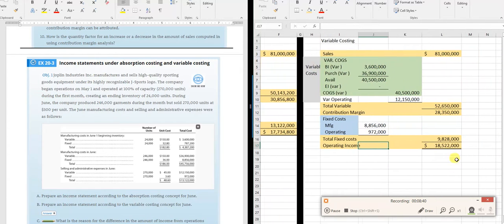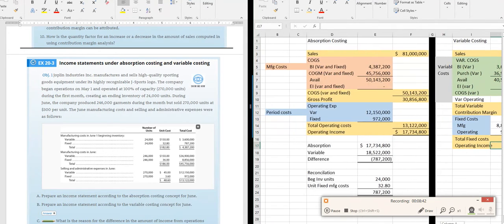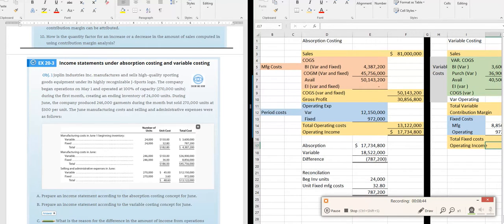The reason they're not always the same number is because, if you think back to the problem I just showed you, sometimes I'm deducting the entire amount of fixed costs, and sometimes I'm just deducting what is related to what I sold. Okay, so make sure you know the framework for this.